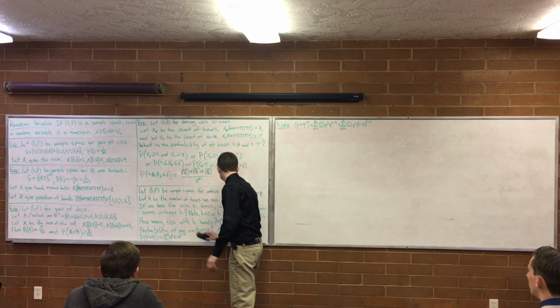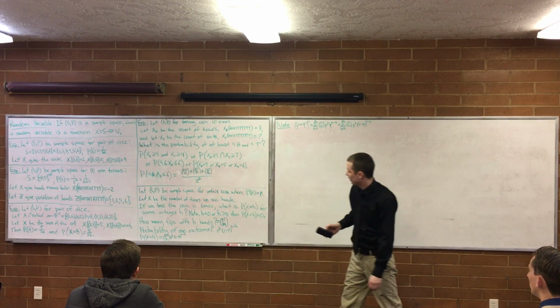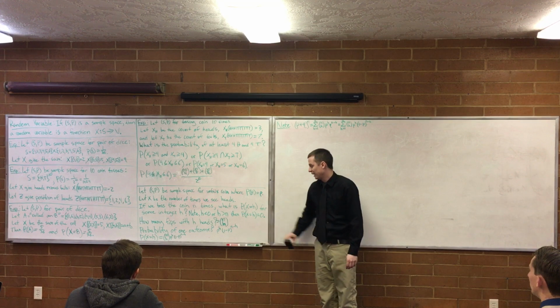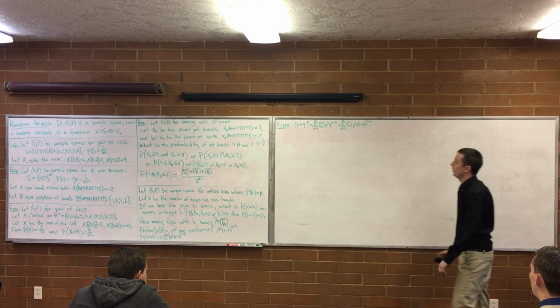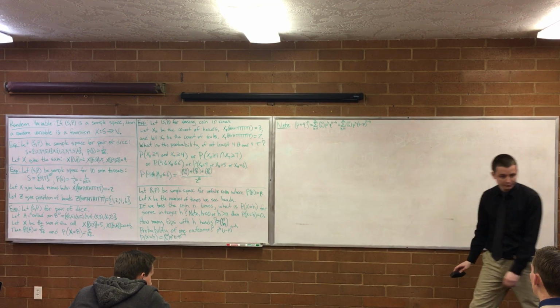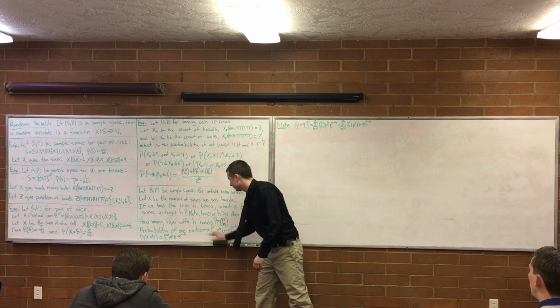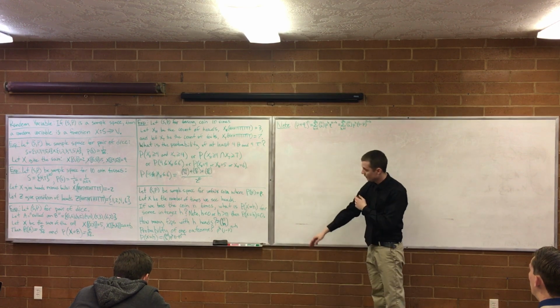So they're saying in this context, we don't just call X a random variable, we call X a binomial random variable when it's calculating these successes and failures like this.